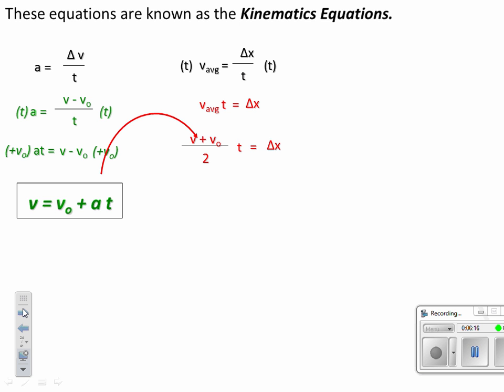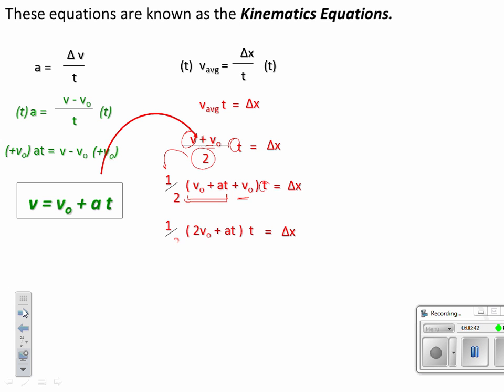We have a different expression for v final. So instead of v final, let's write v naught plus at. So there's a couple of things that happened. I took this 2 here and turned it into a 1/2 times. Here's the v from here, and here's the v naught from there. And here's the t and the t.